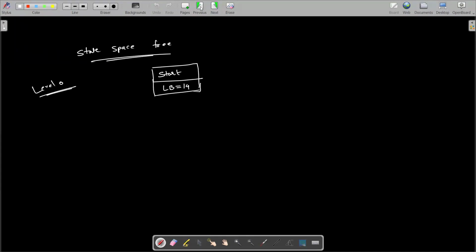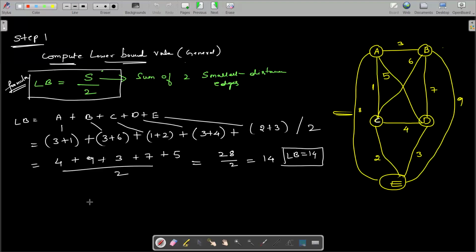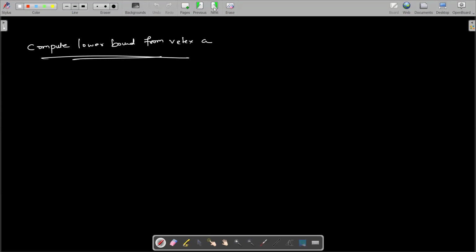Whatever we have generated here is the general lower bound, so you can see the starting vertex is 14. That is your starting vertex. Now we are computing for A.